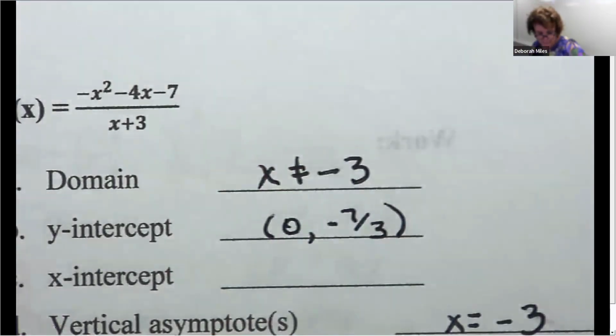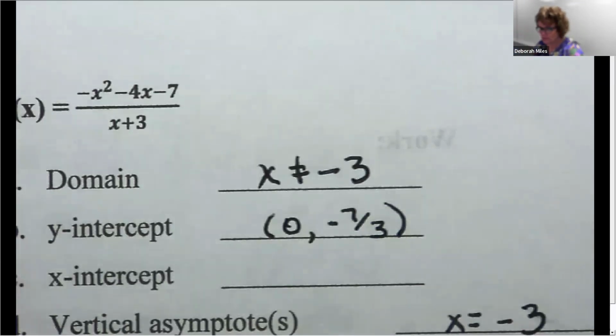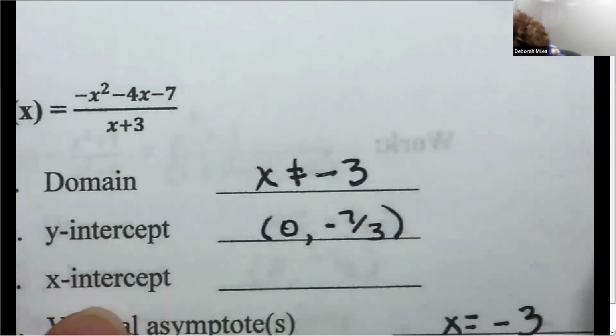The x-intercept is always a little bit harder to find. How do you find it? Set the whole thing equal to 0, or with a fraction, you can just set the numerator equal to 0.